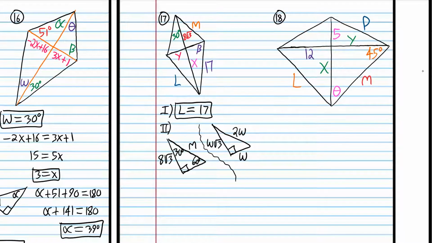So if we know that the side opposite 60, let me write the angles there. The side opposite 60 is 8 root 3. So that means W must be 8. So this side must be 8. And that means that M is equal to 2 times 8, which is 16.